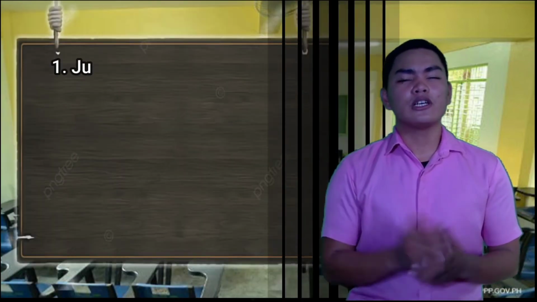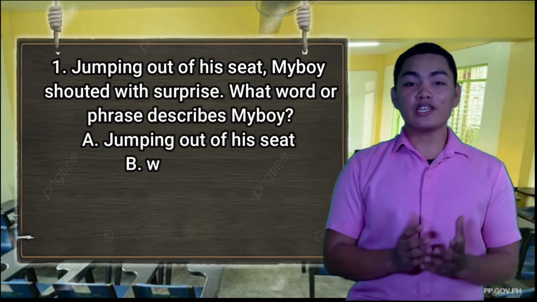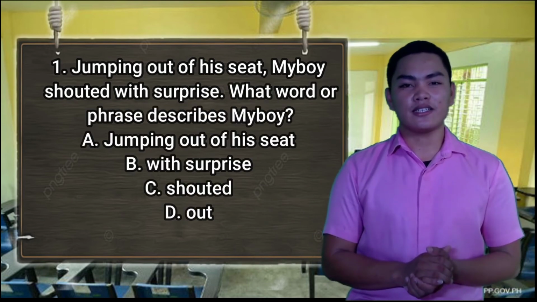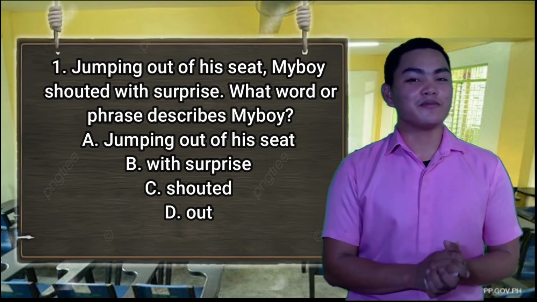At this moment, let's assess your learning about our discussion, which is modifier. Are you ready? Okay, here we go. Number 1. Jumping out of his seat, Mybz shouted with surprise. What word or phrase describes Mybz?